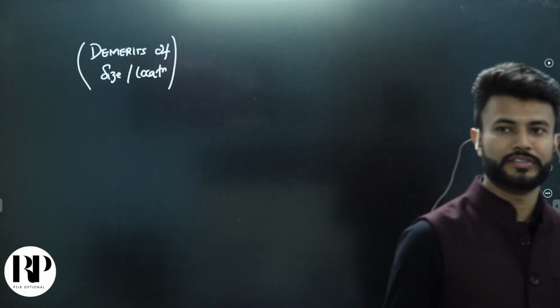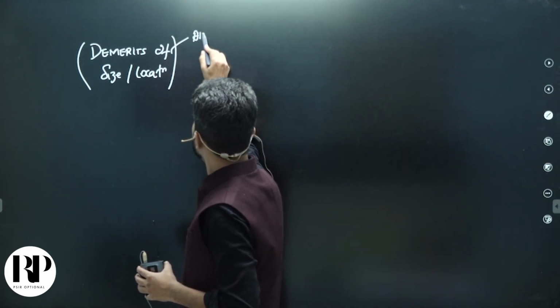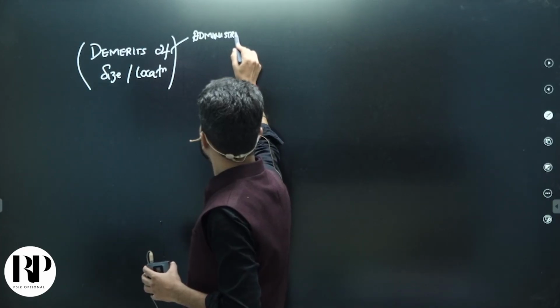What are the demerits? Think about it. Because of the subtropical high pressure belt, the western part does not receive ample rainfall, and there is desert.